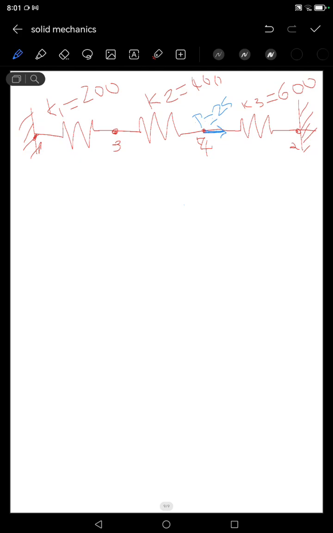The P, which is force, is equal to 25 kilonewton.